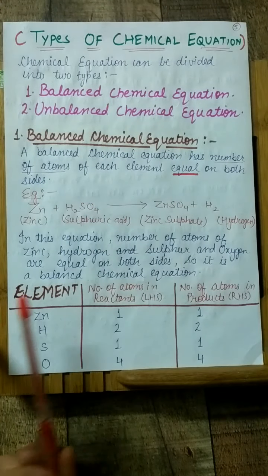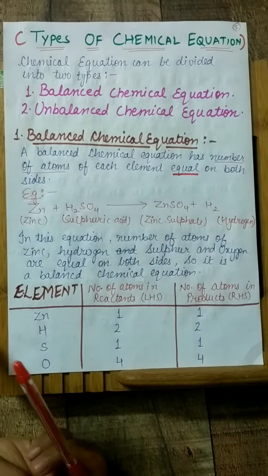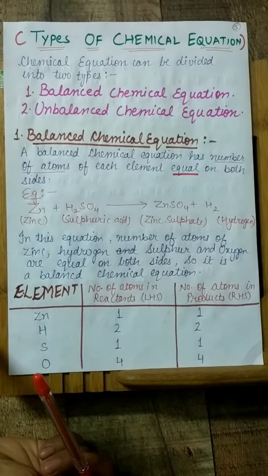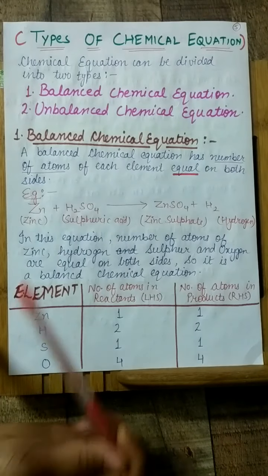Mean to say, in a balanced chemical equation, the number of atoms is always equal on both sides. Both sides means on the side of reactants and on the side of products. This will be more clear to you when you see this example.